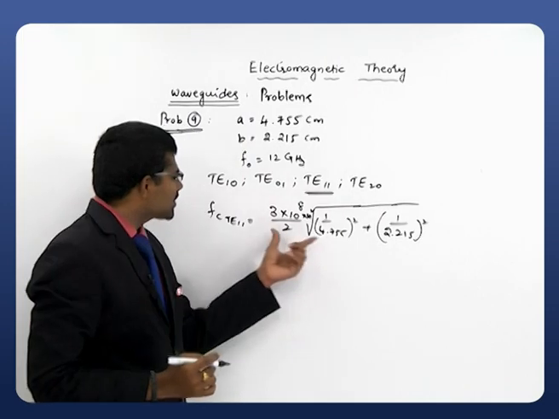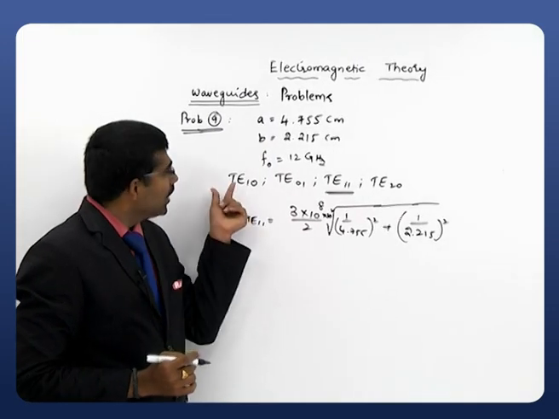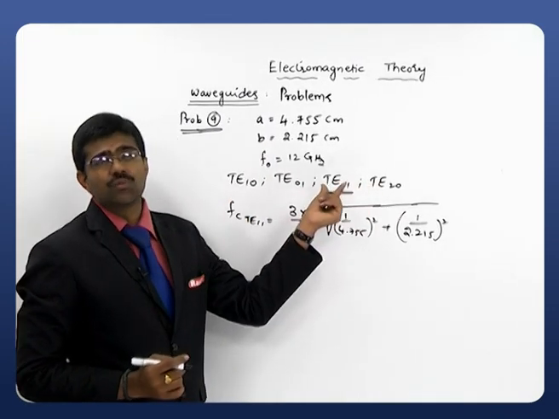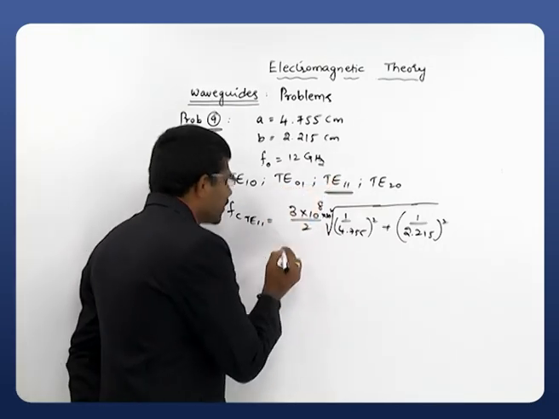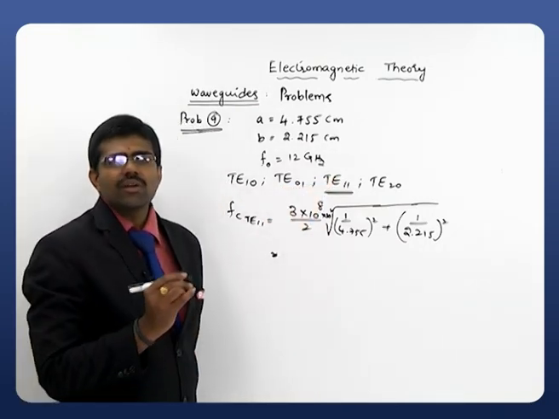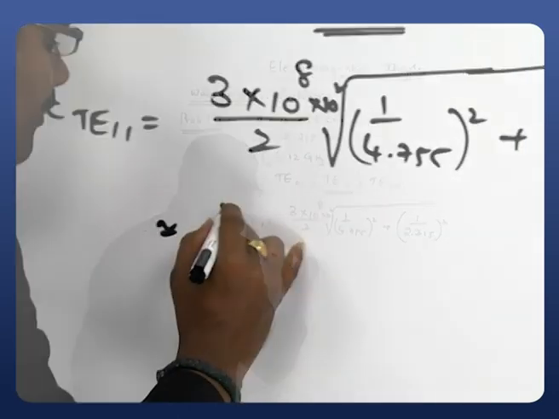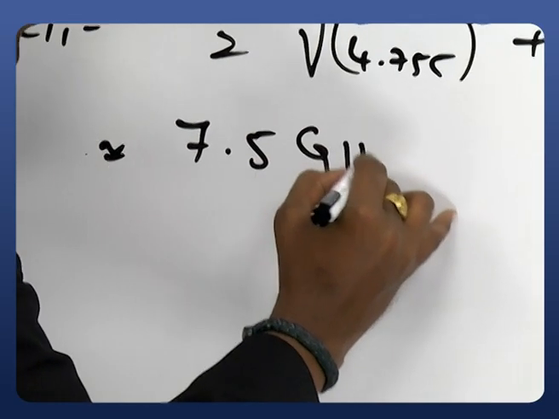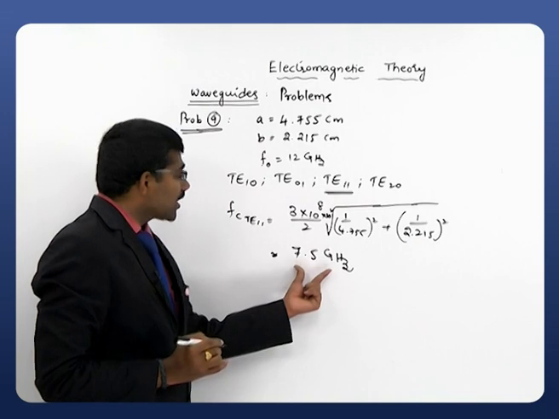What I am doing is just calculating the cutoff frequency for the higher order mode among these four. After taking a calculator and simplifying this, approximately you will get 7.5 gigahertz. This is the cutoff frequency.